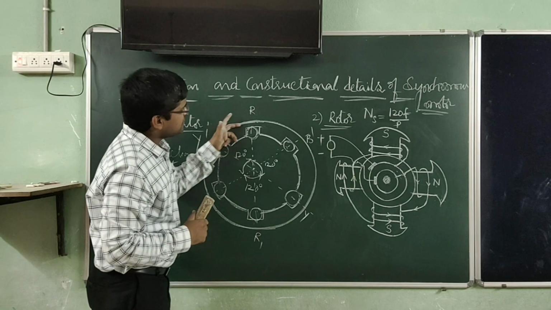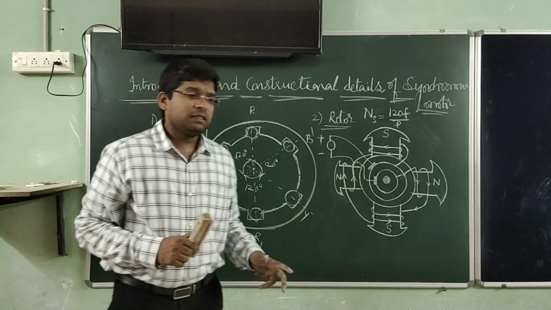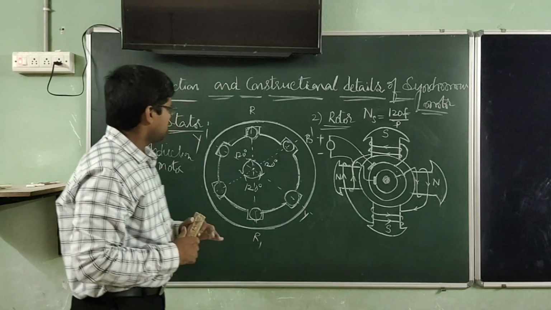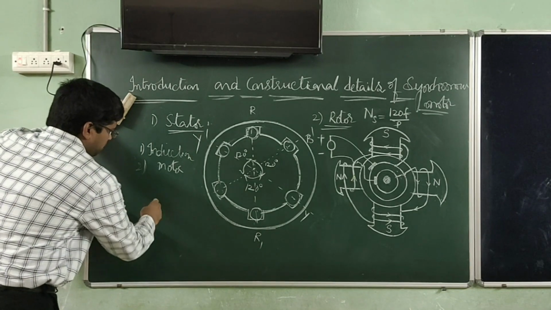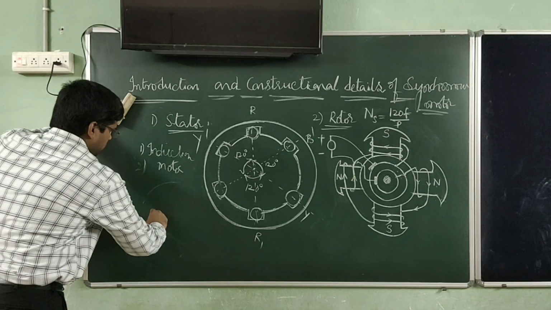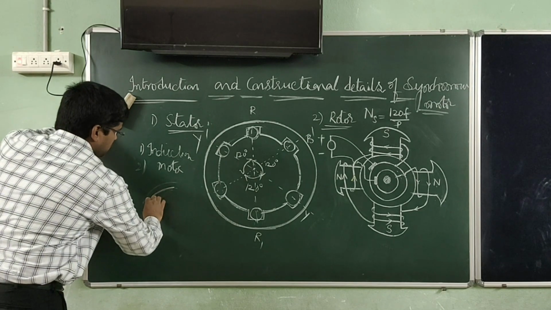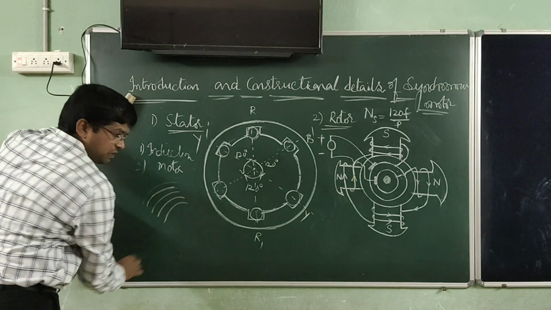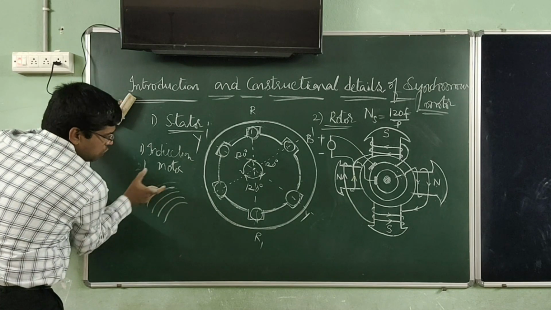Now this stator core is made up of a material called sheet steel lamination. If you see a three-dimensional view, there are several sheets laminated together so that they give a stator core.